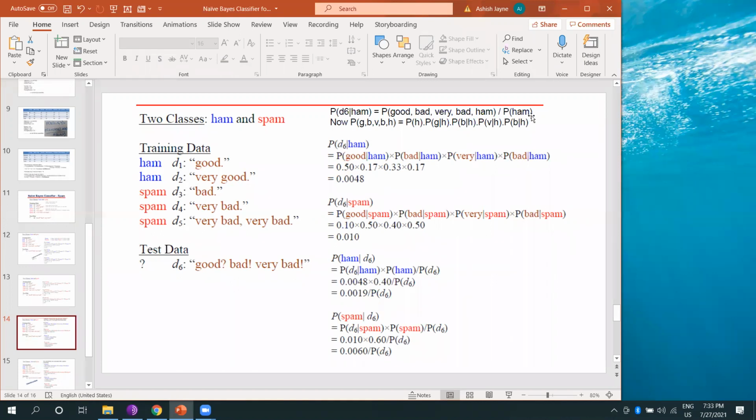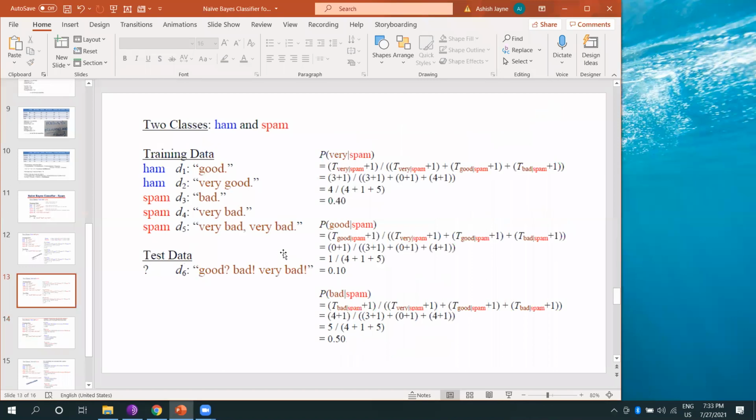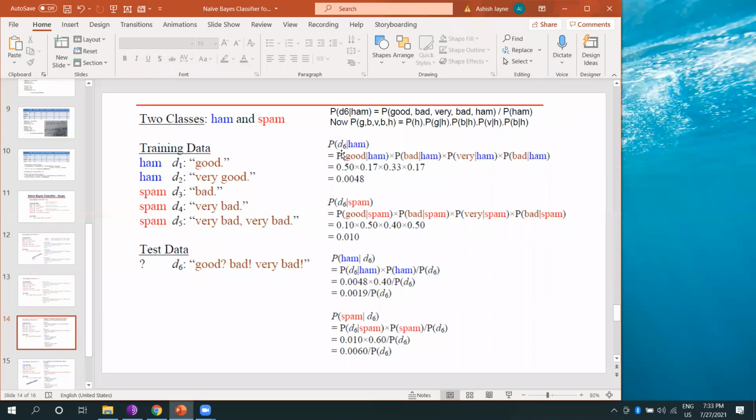The denominator is your P(ham), and we replace this term with this term. If we put all of these terms over here, P(ham) will get cancelled, and what we are left with is P(good | ham), P(bad | ham), P(very | ham), and P(bad | ham), which we can figure out from our previous calculations. And P(d6 | ham) we can easily figure out.